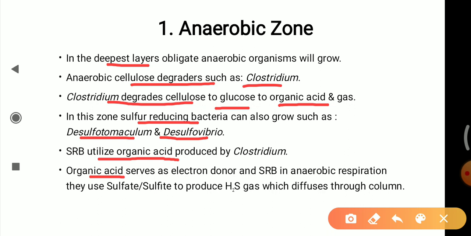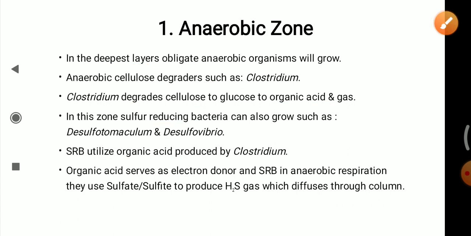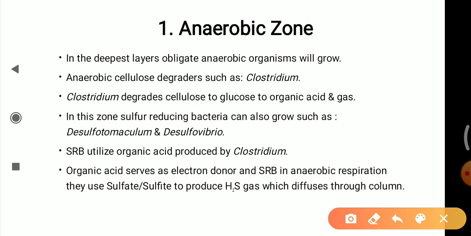Desulfotomaculum and Desulfovibrio, in anaerobic respiration, use sulfate or sulfide to produce H2S, which diffuses through the column.